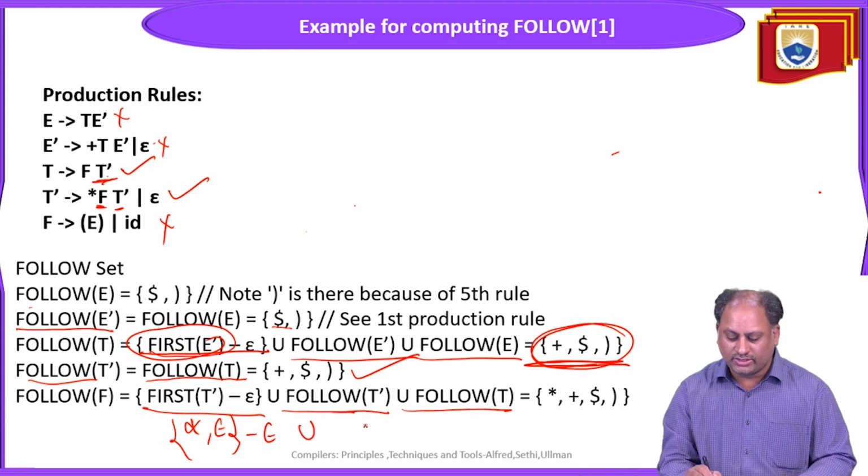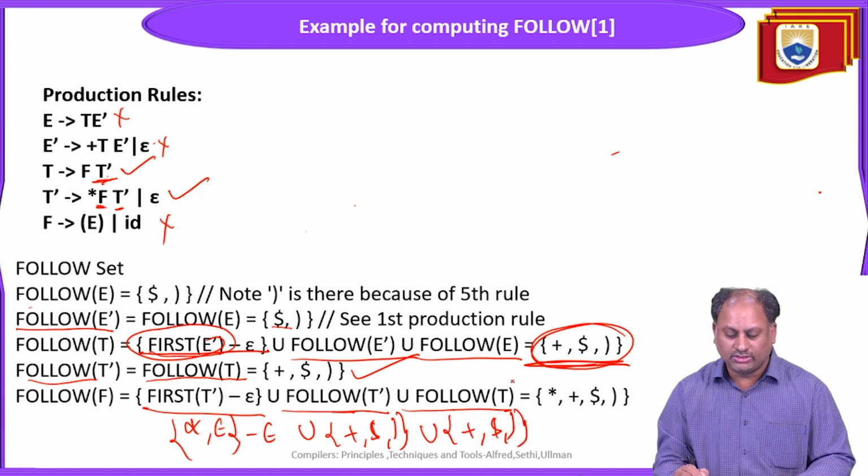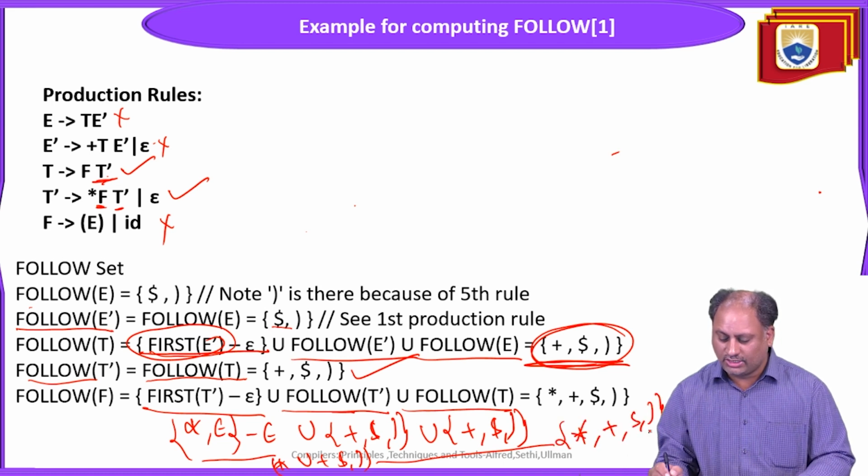What is follow of T dash? As computed previously, plus dollar right parenthesis. And what is the follow of T? Follow of T is also plus dollar right parenthesis, according to the above variables we have considered. Then finally we got star union plus dollar right parenthesis. So that's how we got the result: star plus dollar right parenthesis.